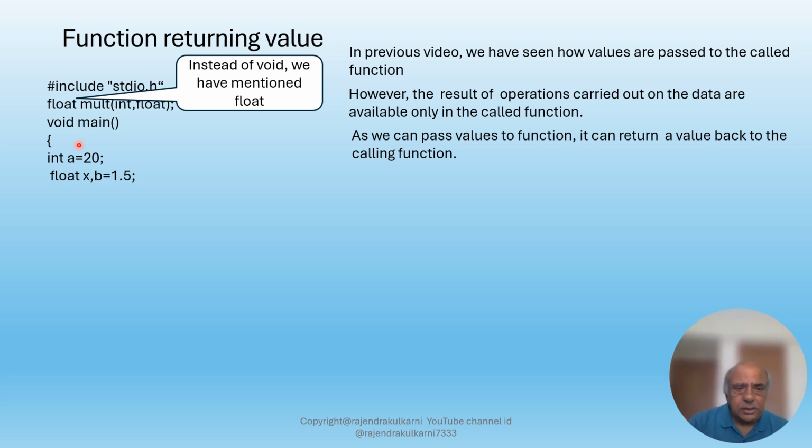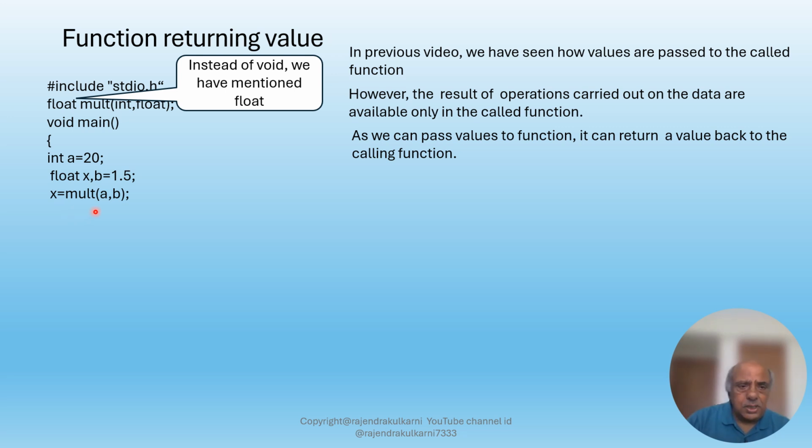We have declared 3 variables, assigned values to 2, and one variable is float x. To the float x, in the function call, the value returned by the function mult will be assigned to x.